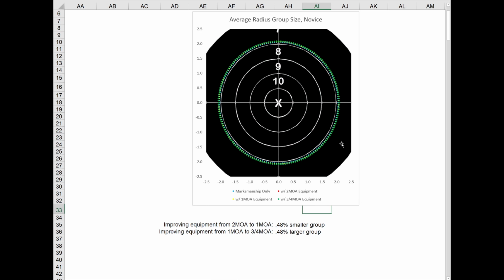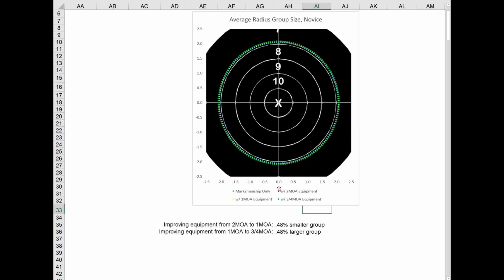So if you look up here at the target, this is the average radius group. As I talked about a minute ago, I determine group size using the mean radius method, and that's what this is. For marksmanship only, it's kind of hard to see here because they're overlapping, but if you look carefully, you might see some blue in here.